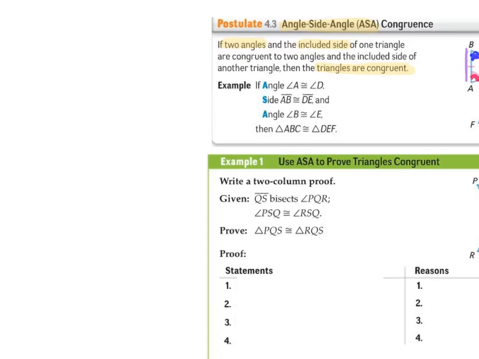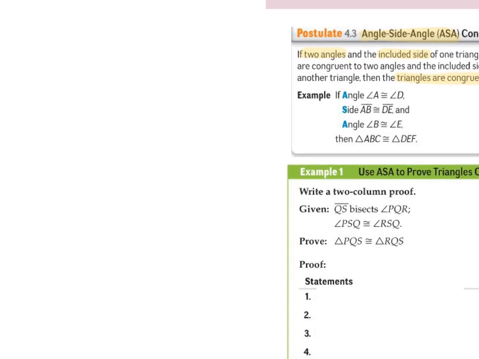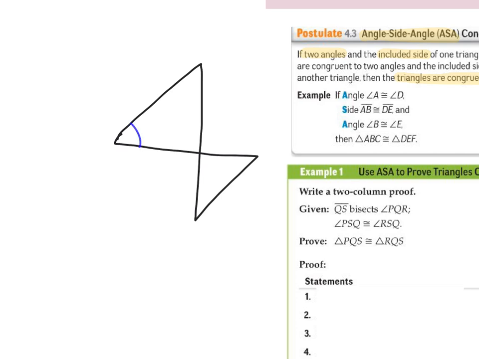Actually, before we do a proof, another way that you could see angle, side, angle, is if we have intersecting triangles like this. So they're touching at a point, and we're told we have these congruent angles, and we have these sides that are congruent.